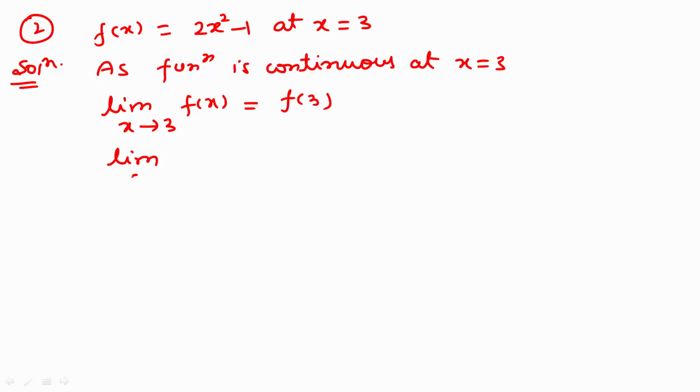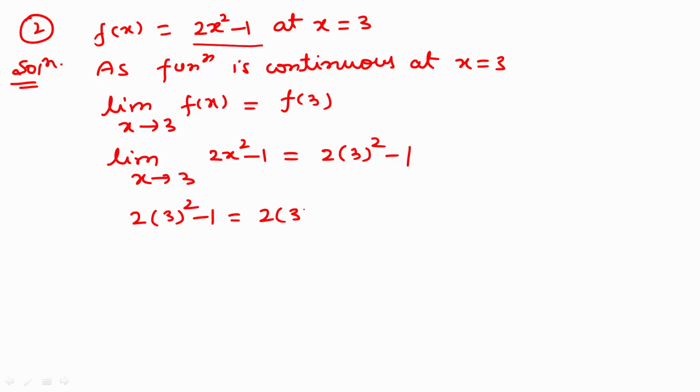Limit x tends to 3 and the function is 2x square minus 1 is equal to, and in this function we will put the value of x is equal to 3. So 2 into 3 square minus 1. On taking limit, 2 into 3 square minus 1 is equal to 2 into 3 square minus 1.